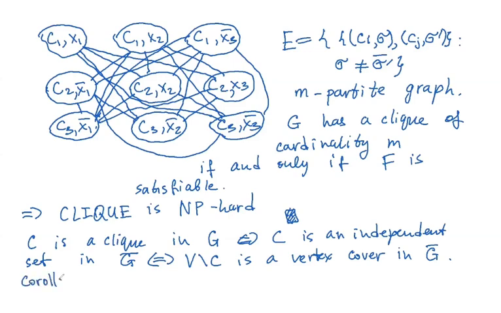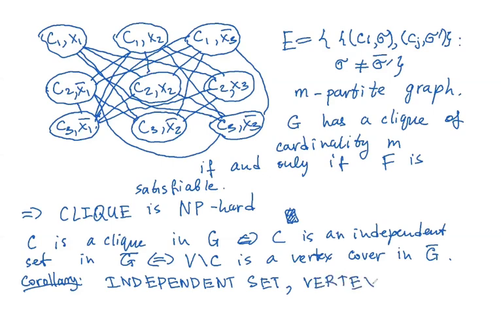So, as a corollary of this, we can claim that independent set, the decision version of the maximum independent set problem, which given a graph and some integer k asks if the graph contains an independent set with at least k vertices, is NP-complete. Similarly, the vertex cover problem would be: given a graph and an integer k, does there exist a vertex cover in the graph with at most k vertices?